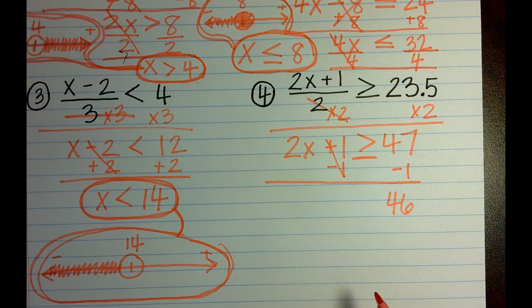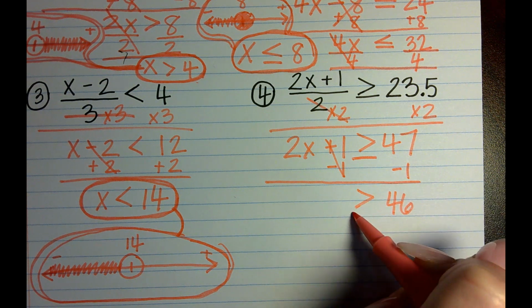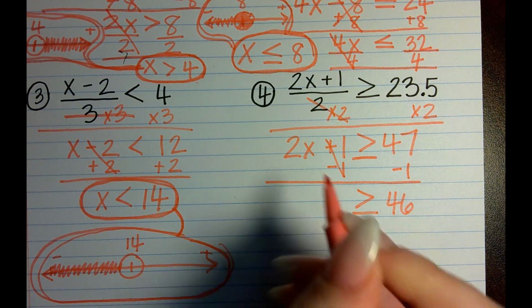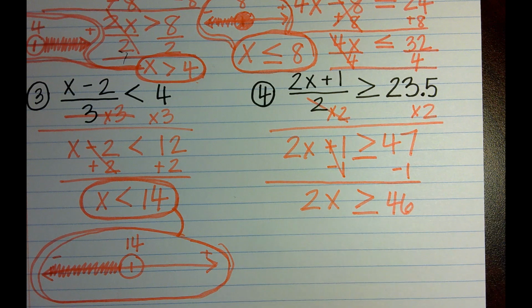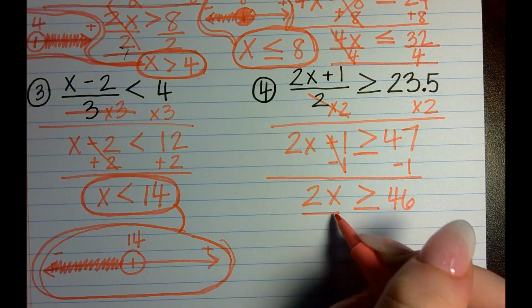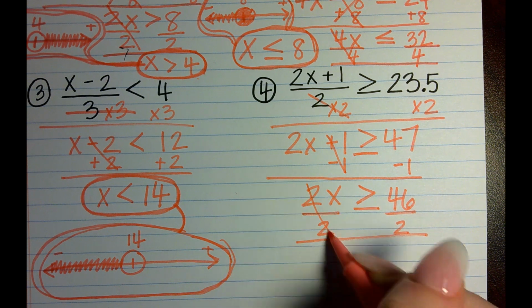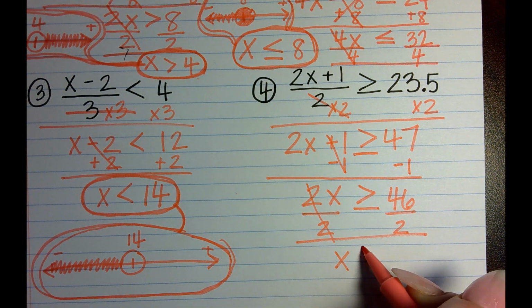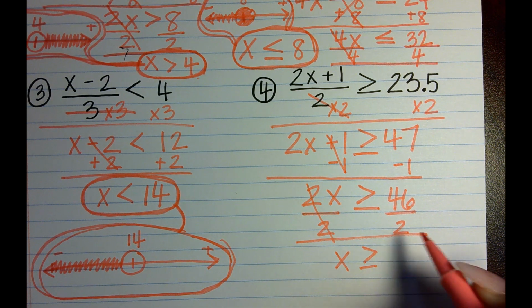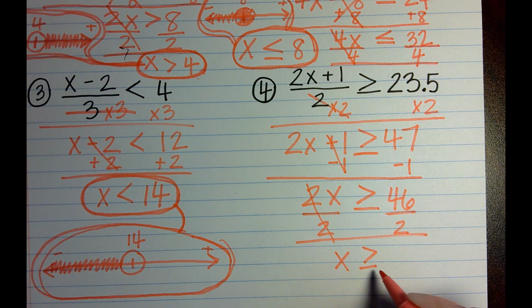Bring down the greater than or equal to. And then the 2x. Good. And then you're going to divide by 2 on both sides. 46 divided by 2, and then you're going to have x greater than or equal to 23.